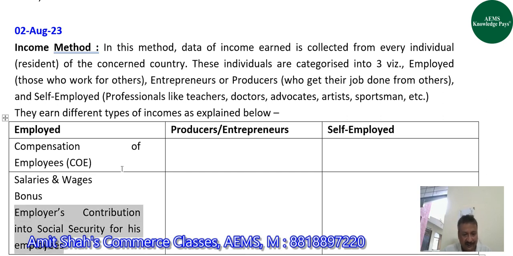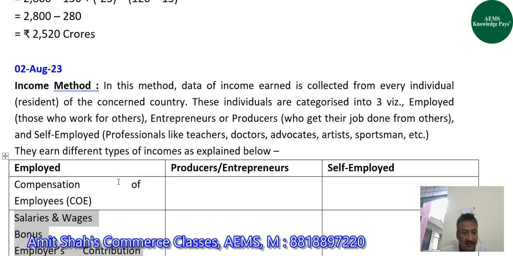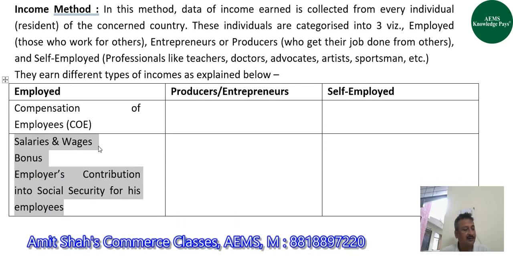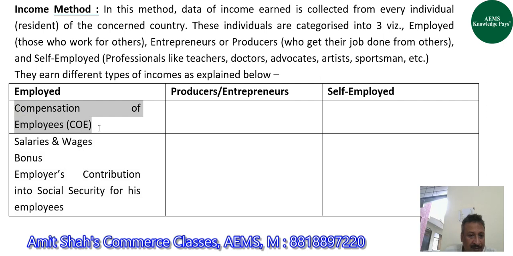What is this? I explain you this immediately after this table. So there are three things which are earned by employees of a business, and the total of that is called compensation of employees, right?